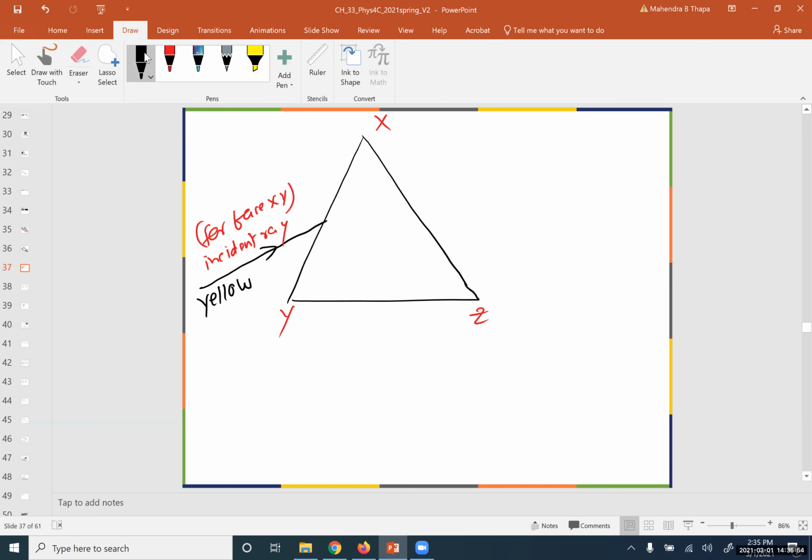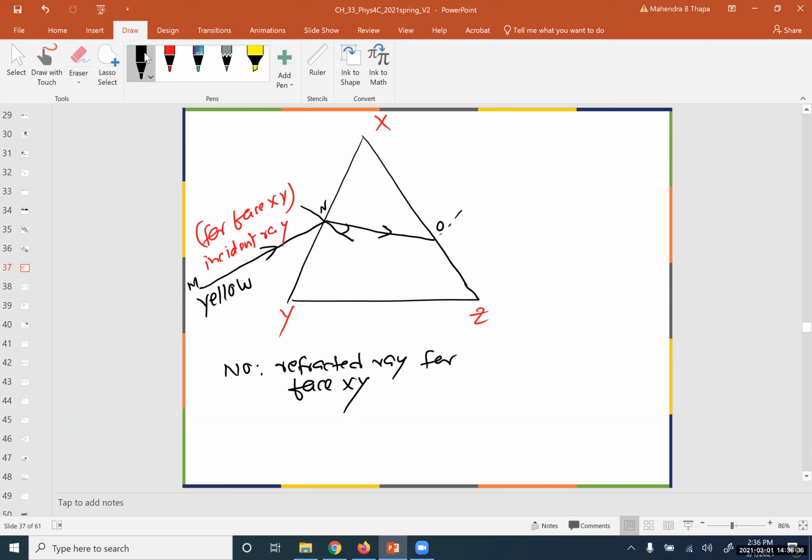When light passes from one medium to another medium, it will bend like this. This is just a single color. Say we put some names like M, N, O. So NO is the refracted ray for face XY.